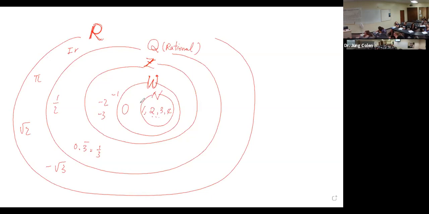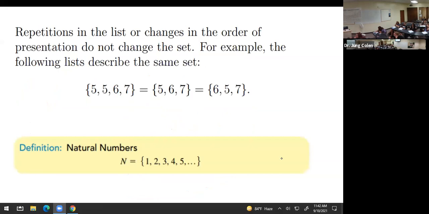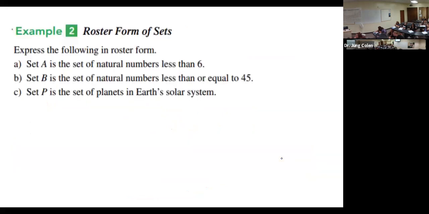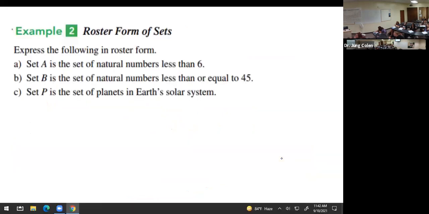Integers, you are having positive integers, negative integers, and 0. Okay, and so on. That would be very useful when we're doing the stats. So please keep that in mind. So natural numbers are counting numbers, 1, 2, 3, 4, 5.